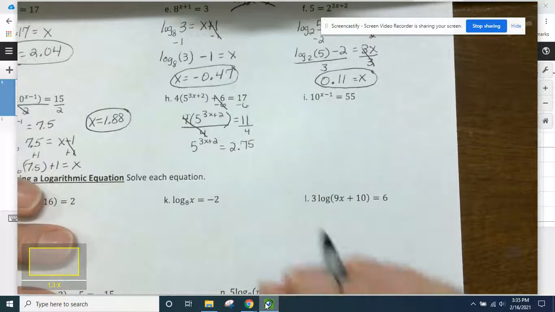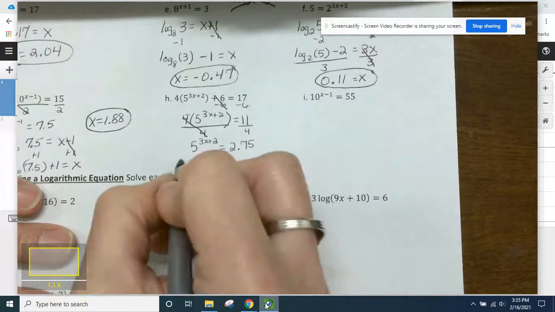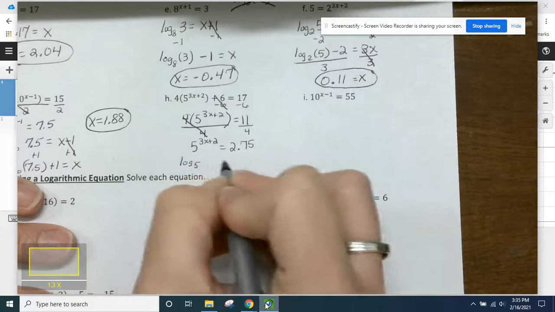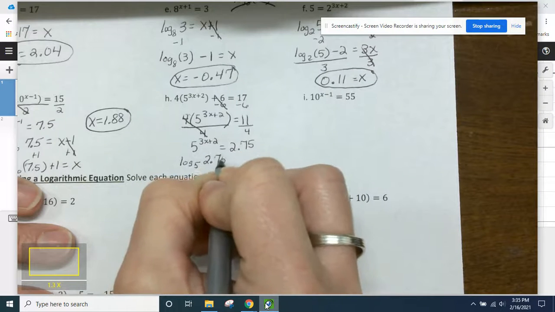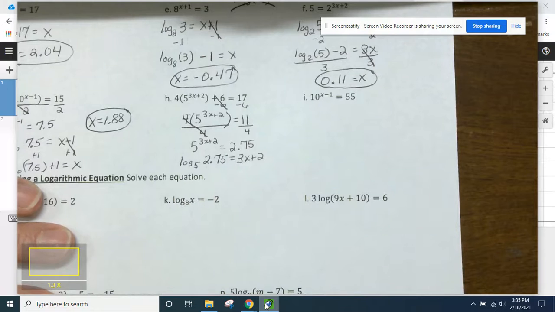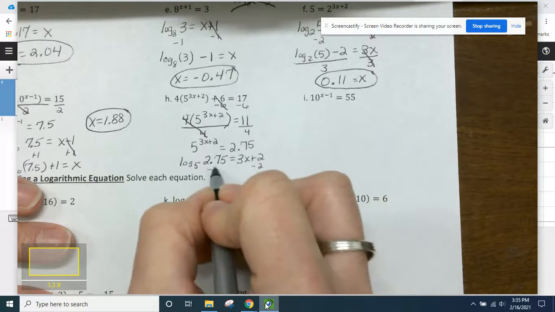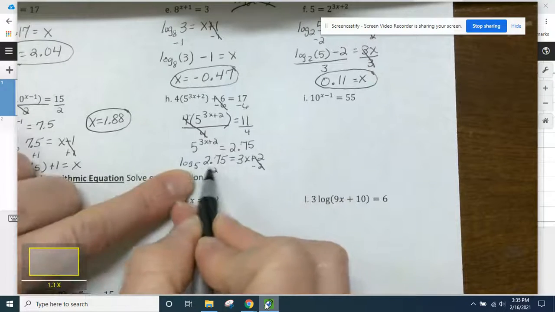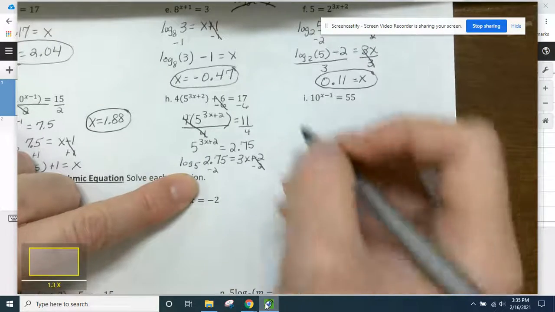All right, now we can do our log. So log base 5 of 2.75 equals 3x plus 2. All right, now we got to subtract 2. Do not subtract 2.75 minus 2. You can't do that.